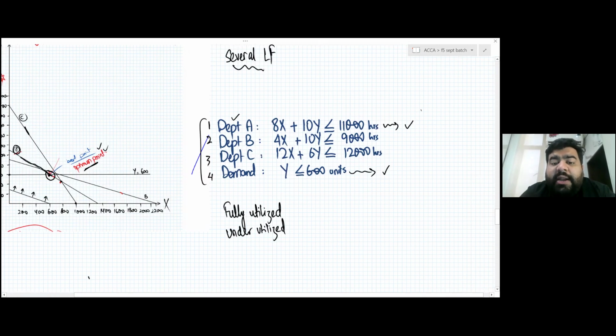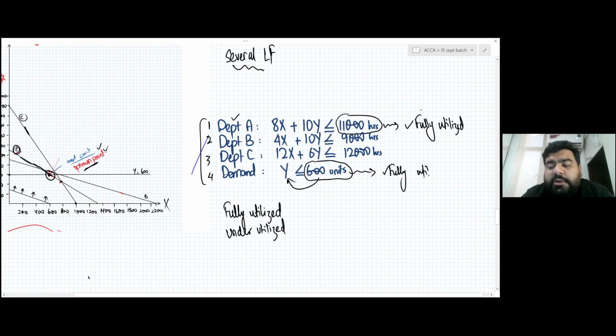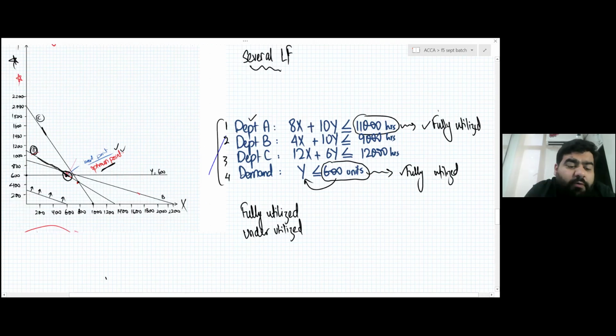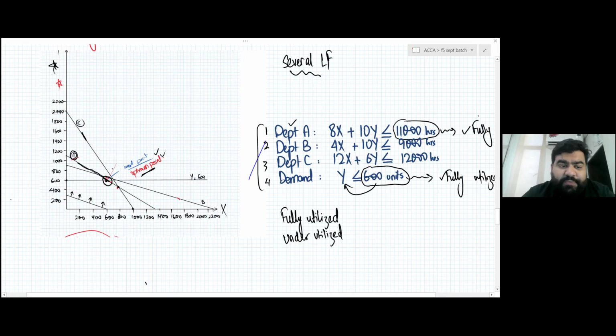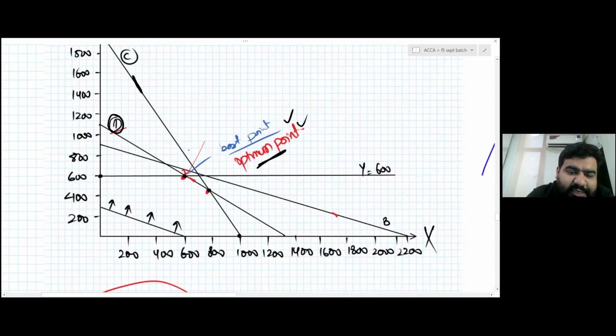What it means is that department A and the demand for Y are the resources that are fully utilized: 11,000 hours of department A and 600 units of product Y. Obviously, we have more hours in department B and department C. If you see the C line, it is after the optimum point, and the same for the B line.